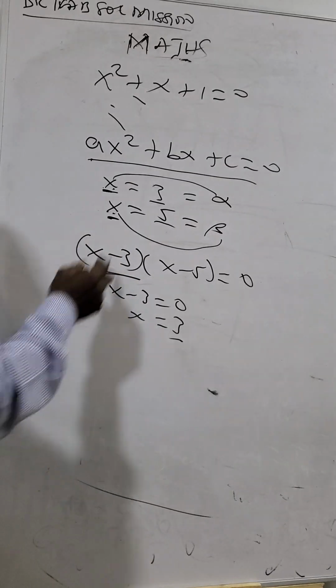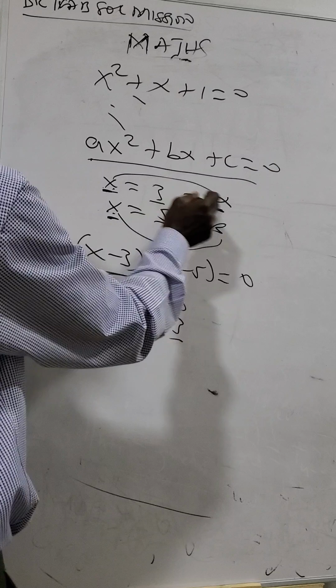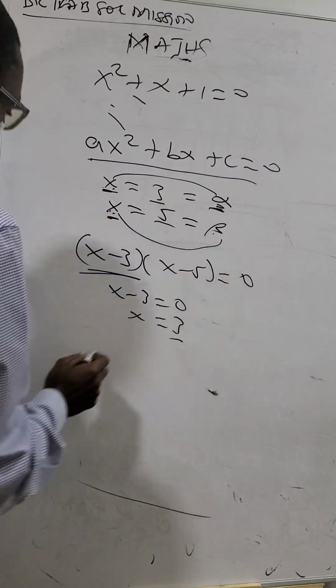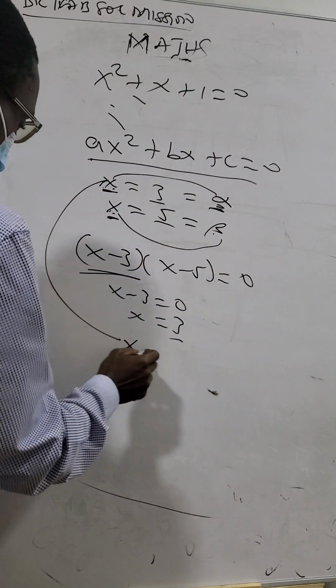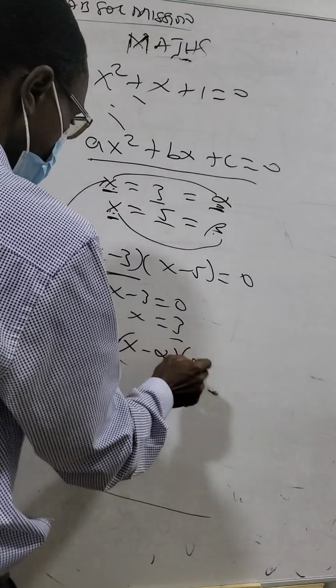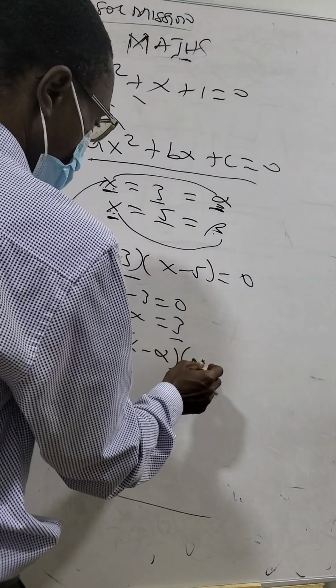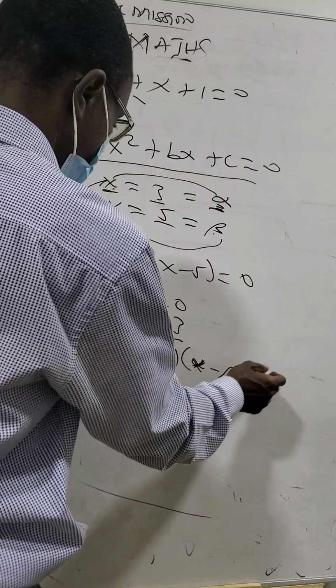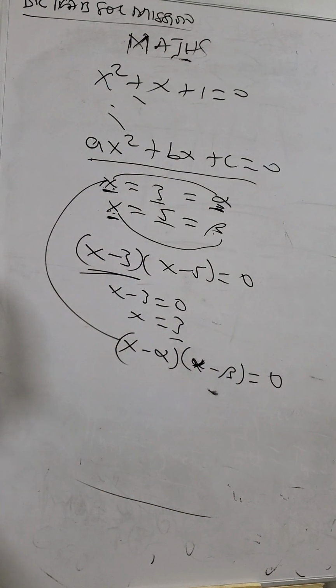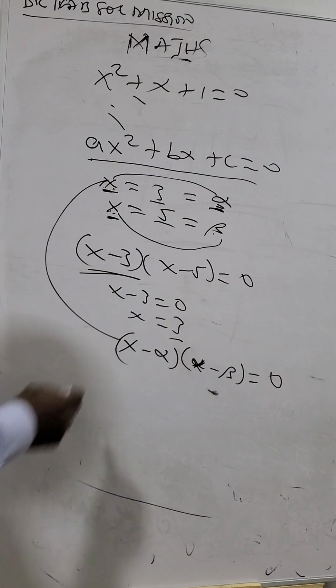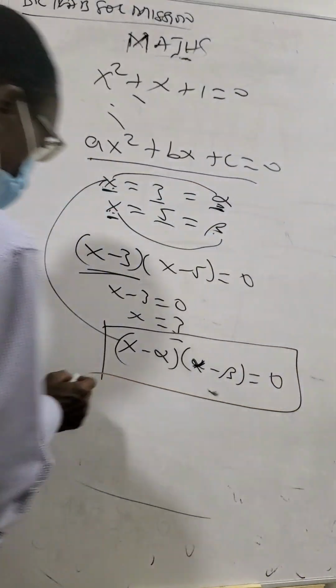Good. So in that same sense, if we say x is equal to alpha, x is equal to beta, then we can say that x minus alpha, x minus beta is equal to 0. Now, this is the expression I want us to work from.